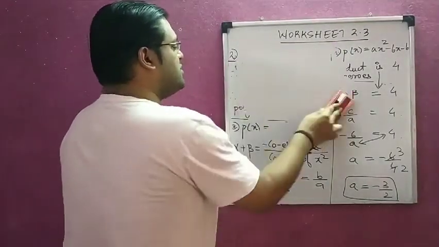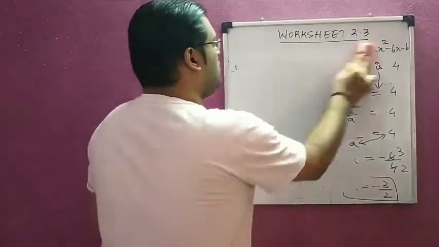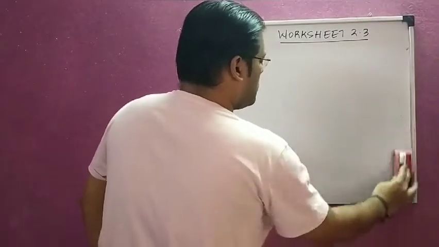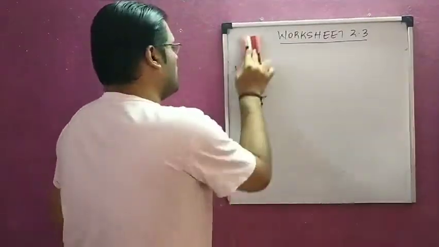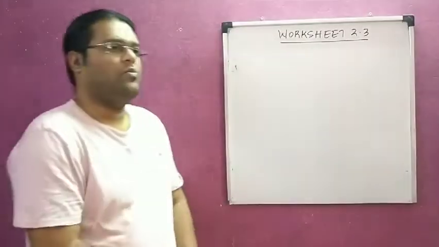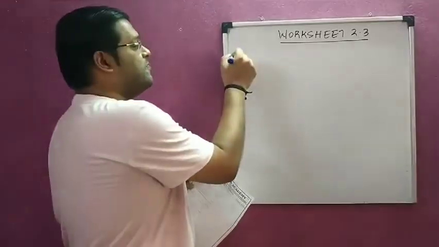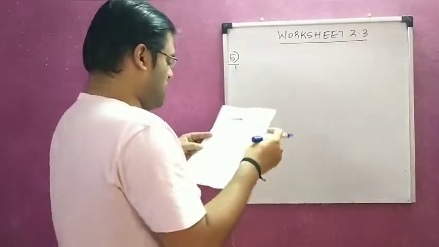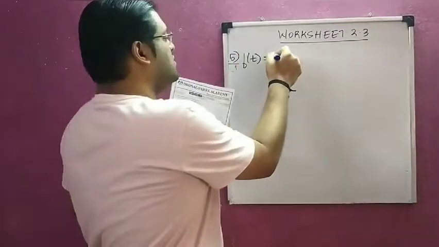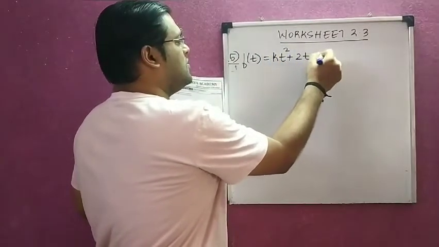Okay, let us proceed to sum number 5. We are given the polynomial as f of t is equal to kt square plus 2t plus 3k.